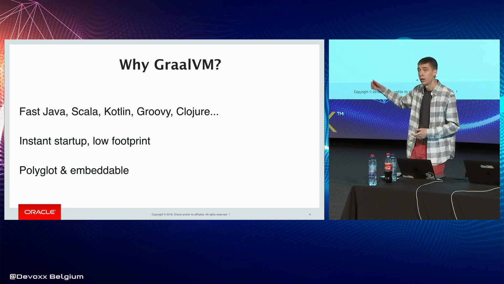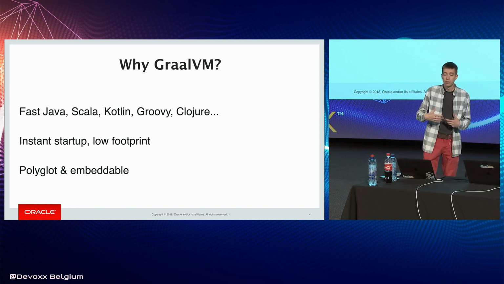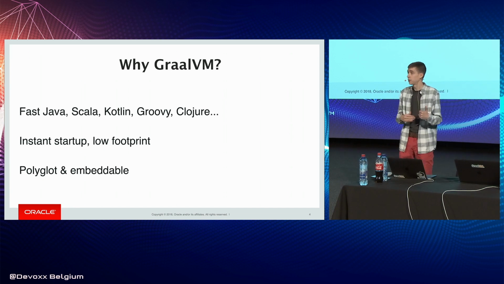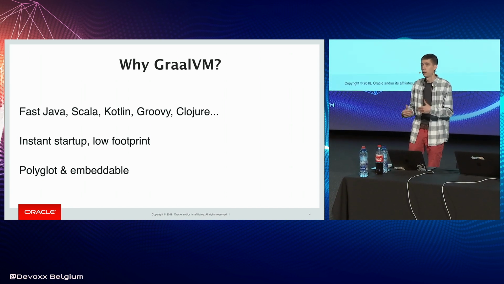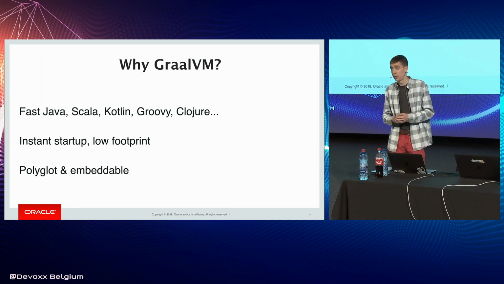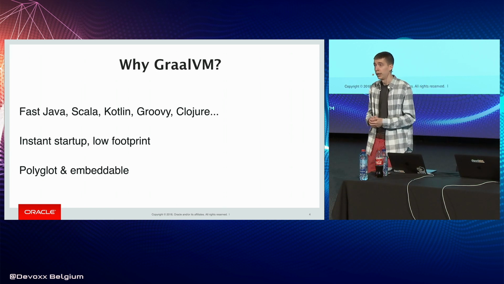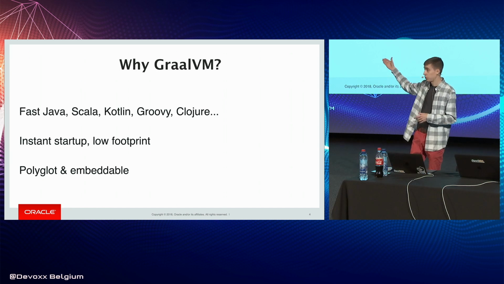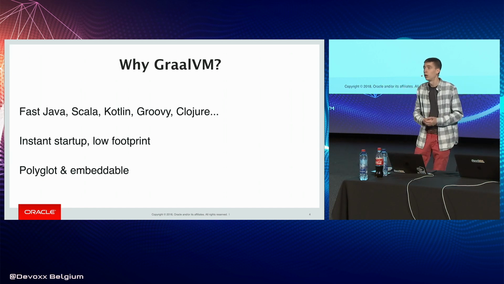Second aspect is GraalVM has this mode where it can run these native applications also with instant startup, low footprint. You might have heard of projects like Scala native or Kotlin native and so on. So with GraalVM, you can actually compile all of the JVM-based languages like Java, Scala, and Kotlin to a native executable.